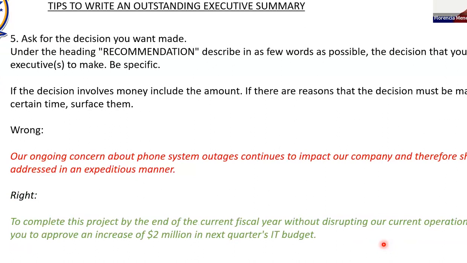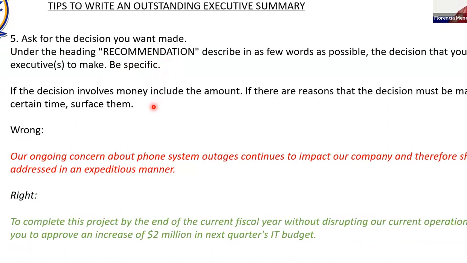The last step that we have today is the recommendation section. As you can see, this word, recommendation, tells us what actions we want to be taken. Yes? So if this decision involves money, include the amount.